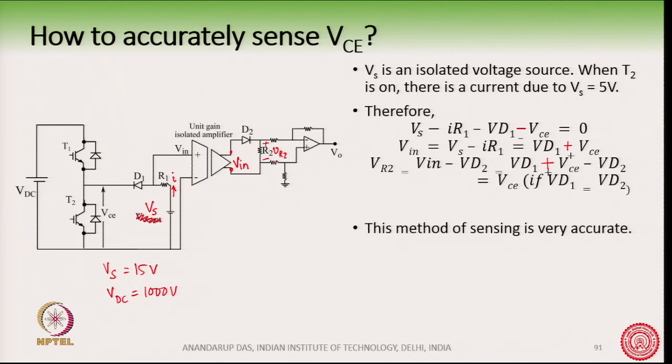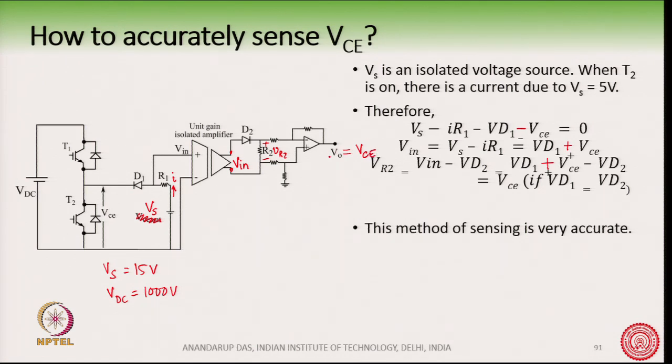Then this VR2 is passed through a differential amplifier, and we get the voltage V0. Suppose this is a unity gain differential amplifier. Therefore, VR2 is equal to Vce if VD1 is equal to VD2, right? So, this voltage V0 is equal to Vce.